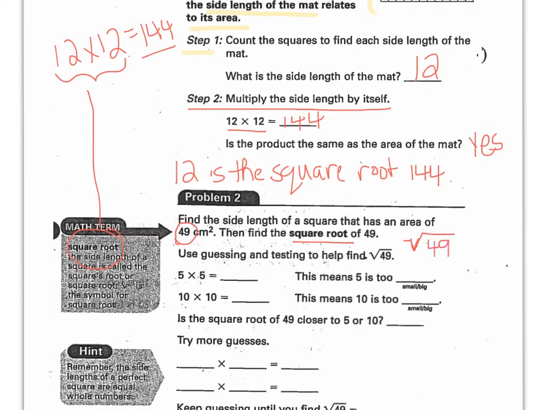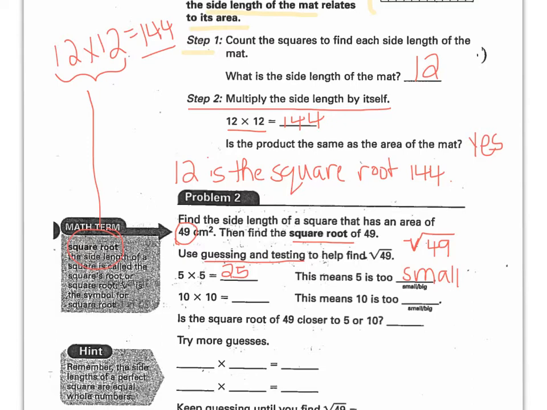This tells us to find the square root of 49. Let's use the guess and testing method. First, 5 times 5 is 25. That means 5 is too small because 25 is less than 49.